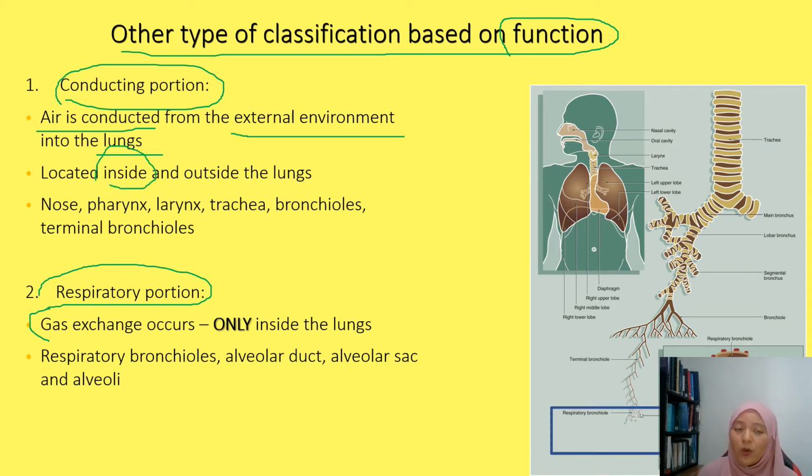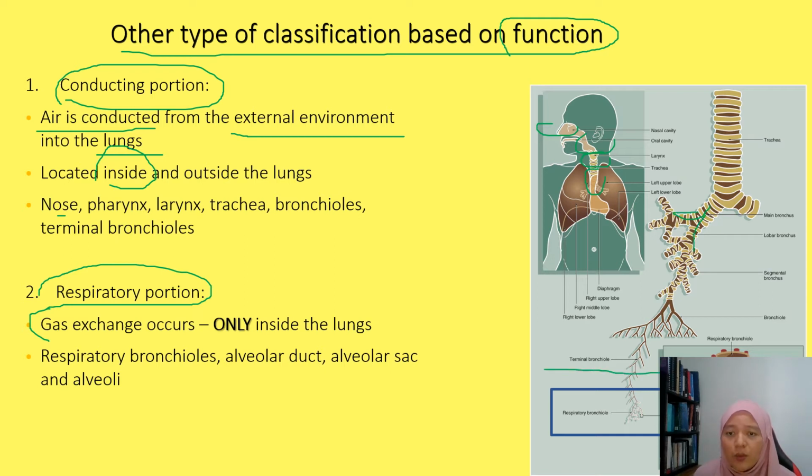So not necessarily all the organs located inside the lung are responsible for gas exchange. They may only have the conducting function. So the nose, the pharynx, the larynx, the trachea, the bronchi, and down to the terminal bronchioles are the conducting portion of the respiratory system.